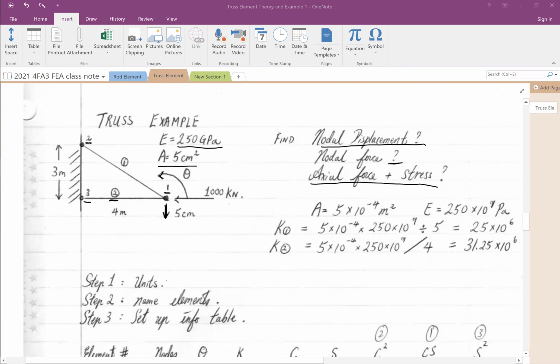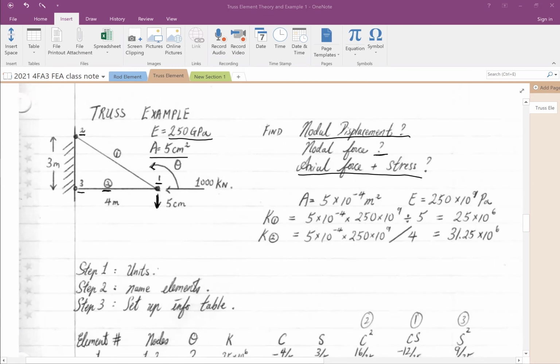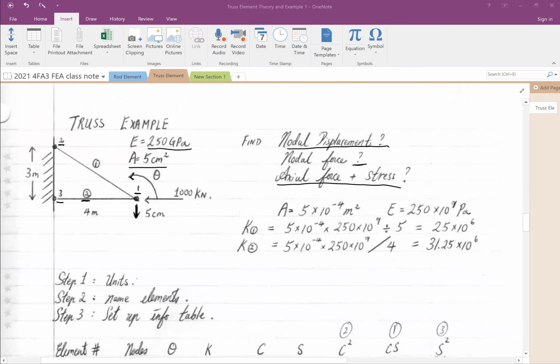The first step, let's turn everything into something workable. It is Pascal, so everything's in Newton per meter square, so we transfer everything into meter square for the area.